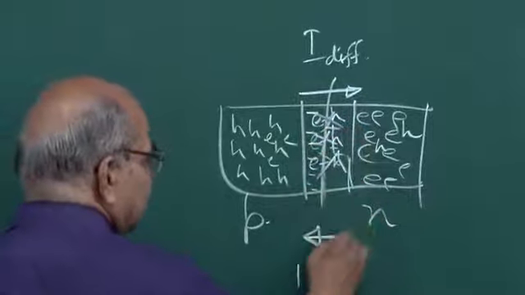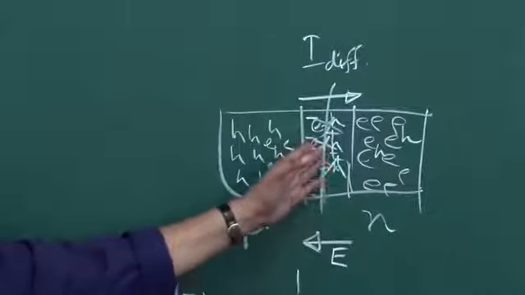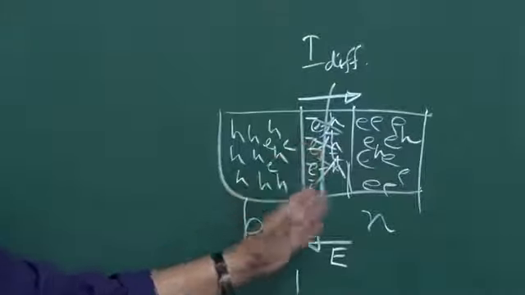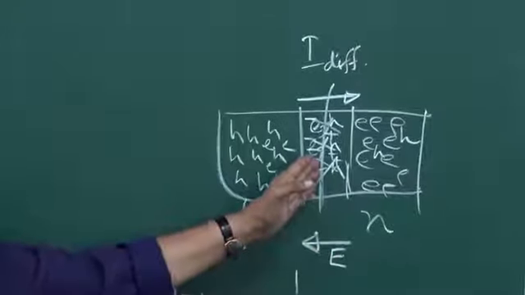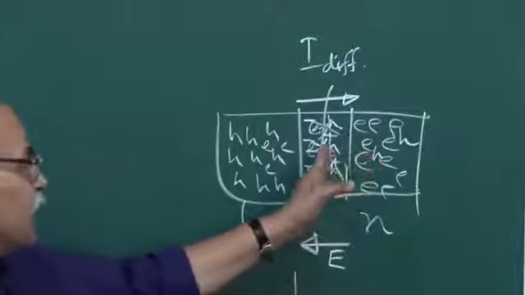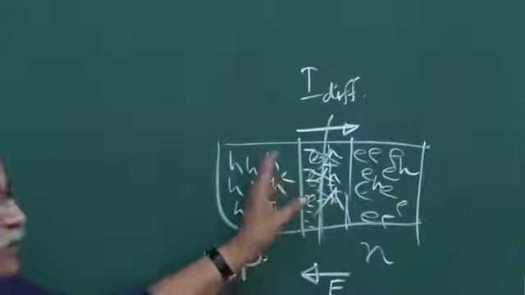So you have electric field. As soon as this EH pair is created, this electric field will exert force on this newly created electron here, and that electron will be pushed to this side and the holes will be pushed to this side. So that mechanism also you can understand from here.